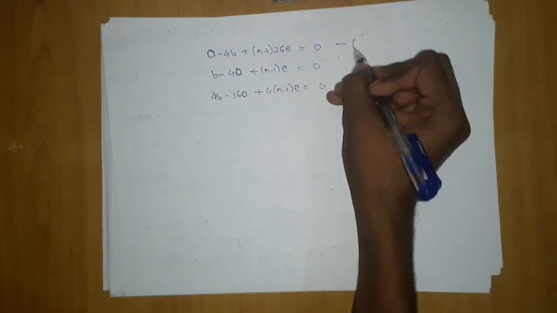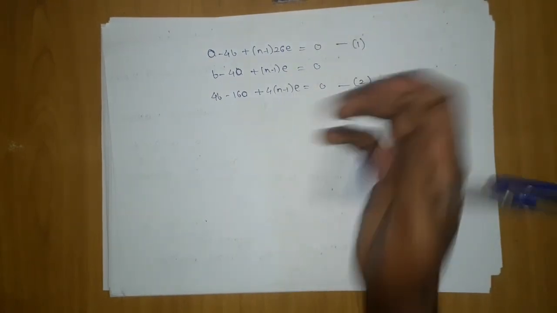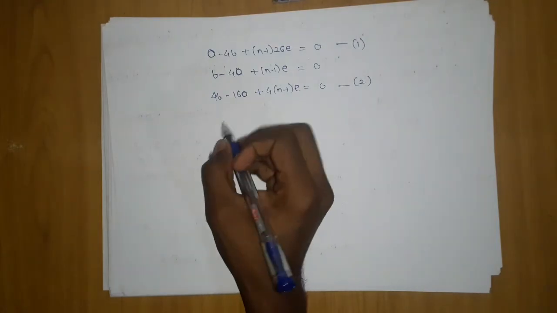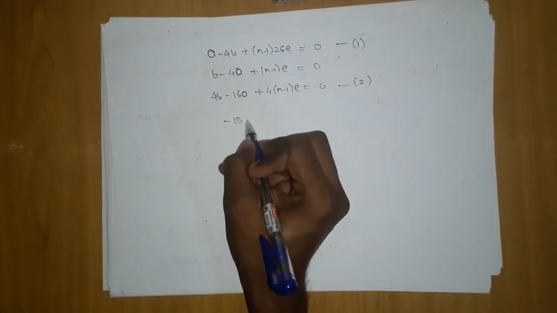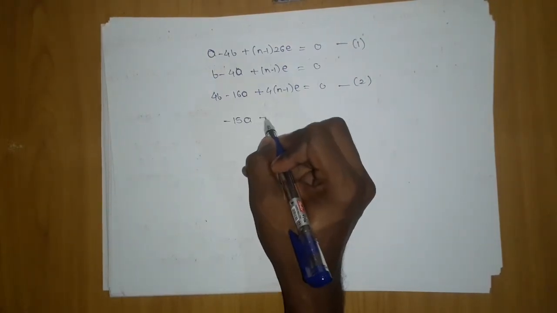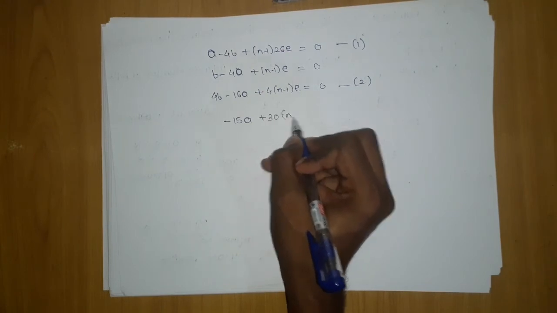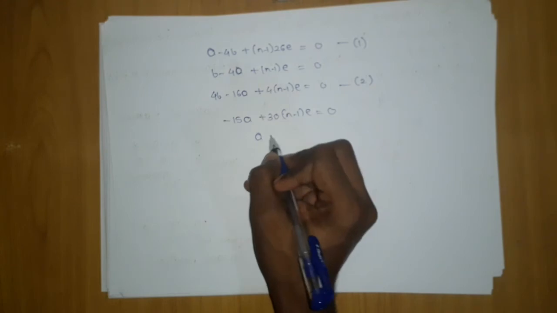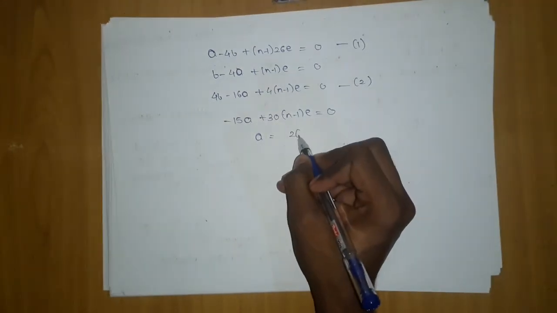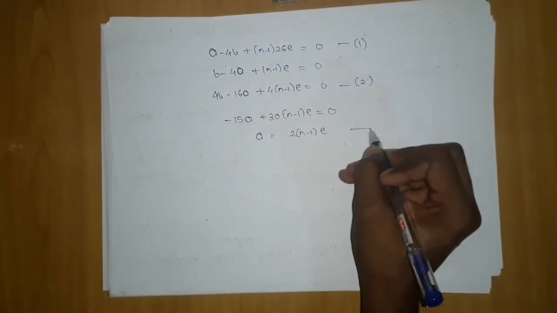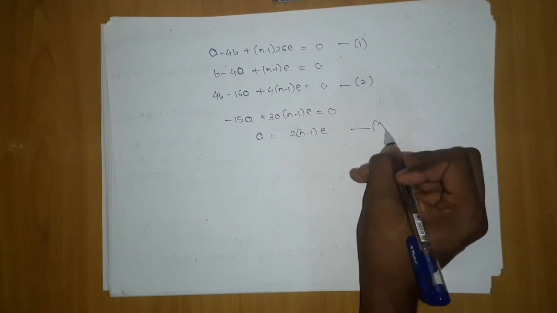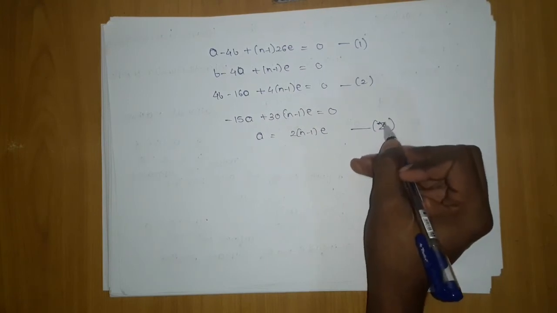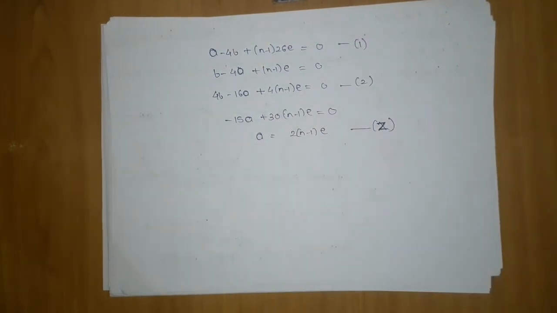Now this is my main equation 1, this is my main equation 2. I will add them, b will cancel out, giving me mainly 15a plus 30(n minus 1)e equals 0, giving me finally a is equal to 2(n minus 1)e. So keep it as some z, because so many assumptions we have made.